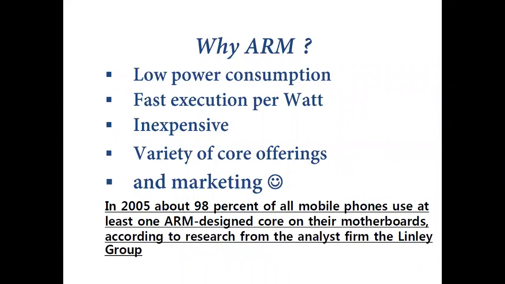But when you come to ARM, the power consumption is very low because different types of cores are there, and each and every core acts as a separate processor, right? So first, the power consumption is very low. Second, since it uses only RISC, that is reduced instruction set computer, fast execution happens. Also, the price is not very expensive, and it can provide a variety of cores.